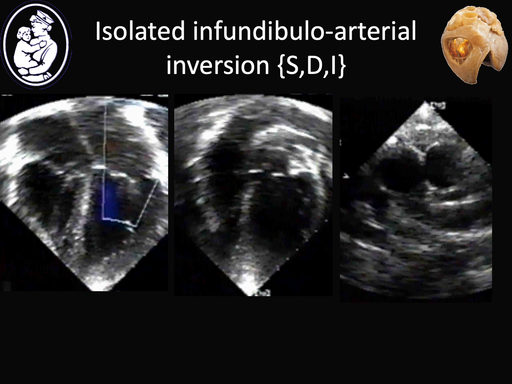The aorta is aligned with, normally, the left ventricle, but also connected normally by aortic to mitral fibrous continuity. The pulmonary artery is aligned with the right ventricle and also connected by subpulmonary conus. It's simply that the great arteries are inverted, so there's discordance between the situs of the ventricles and the situs of the great arteries.